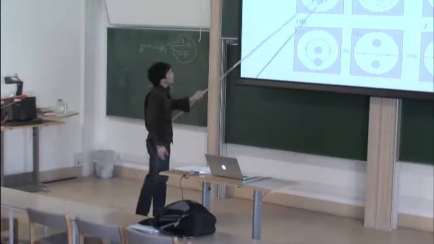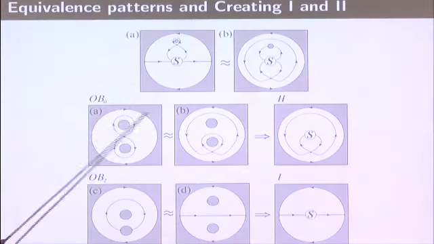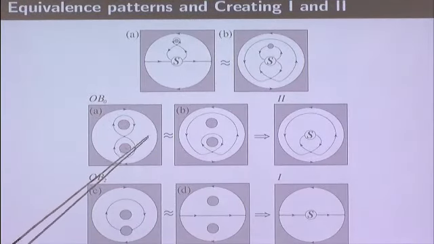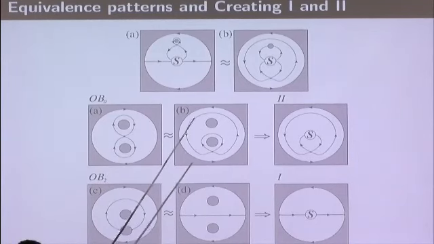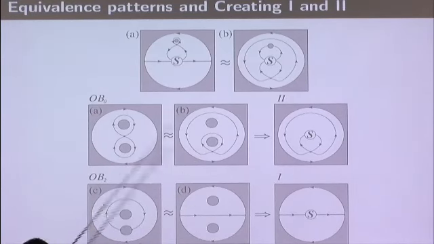Also, in this case we have three boundaries. We consider it on the sphere and reflect, and we get this picture. So we can reverse and get this picture.